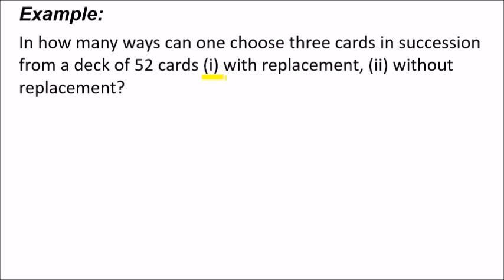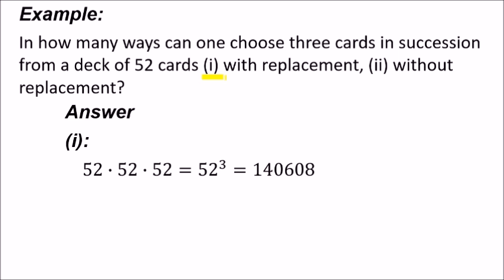The first choice is 52 cards. The second choice, since we put back what we took, is still 52. And the third choice is also 52. So the solution is just 52 times 52 times 52, which is 52 cubed, equal to 140,608. That is with replacement.